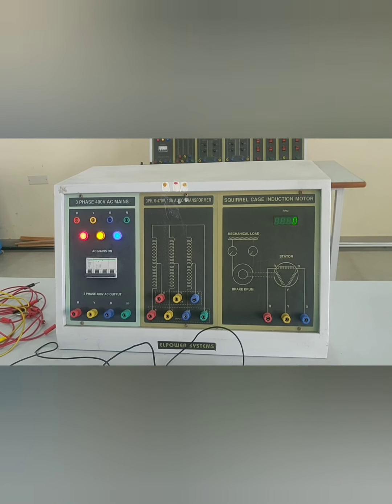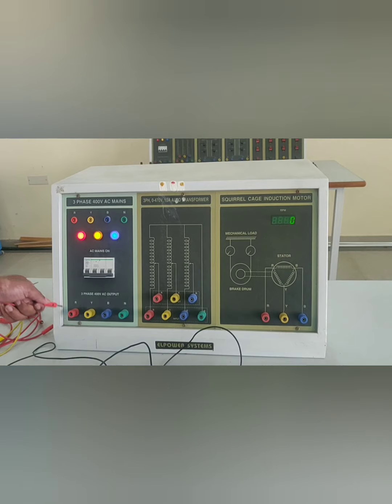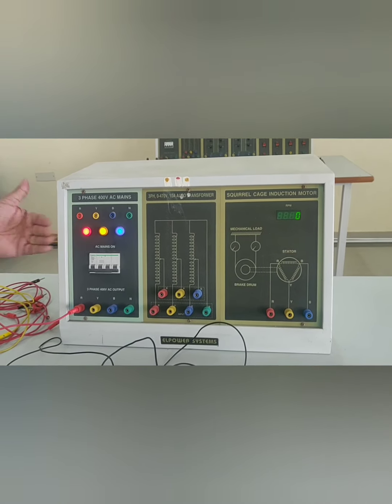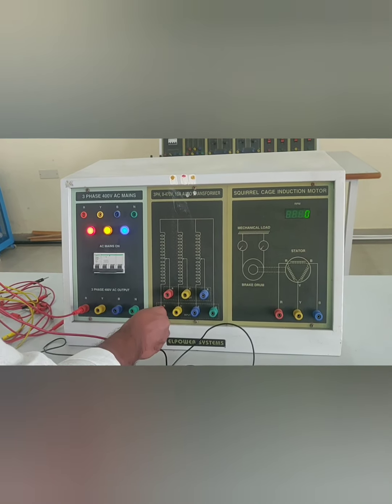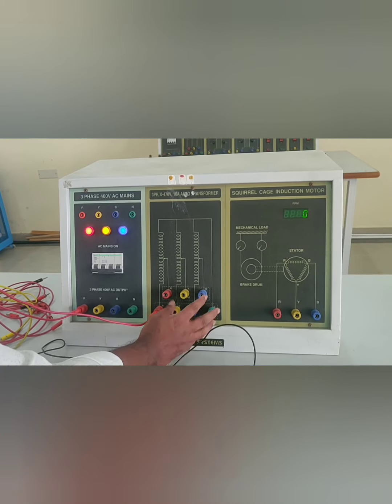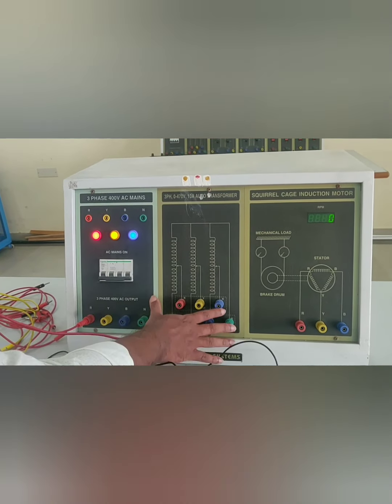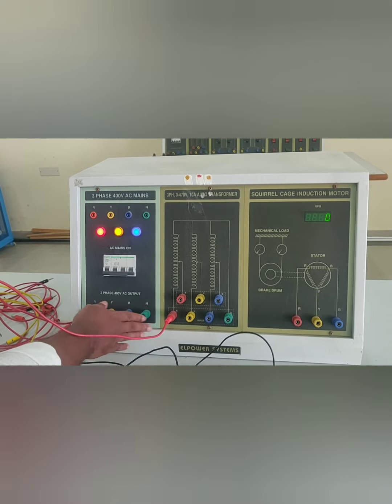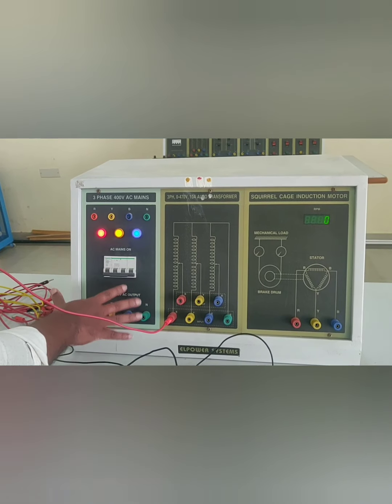As seen in the circuit diagram, first we need to connect the R phase output of the MCB to the auto transformer input. You can see these ports belong to the three-phase auto transformer, and these 4 points belong to the MCB output.